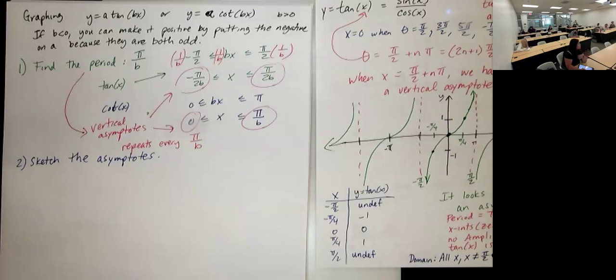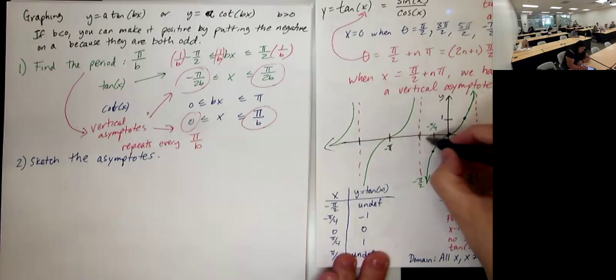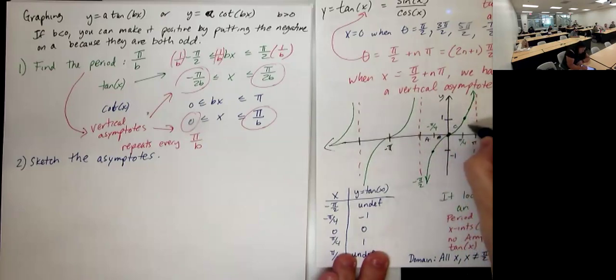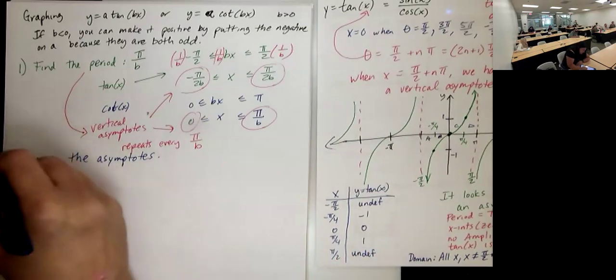You can see on tangent, we divided it up into 4 parts, like part A, B, C, and D. So divide each region up into 4 parts.